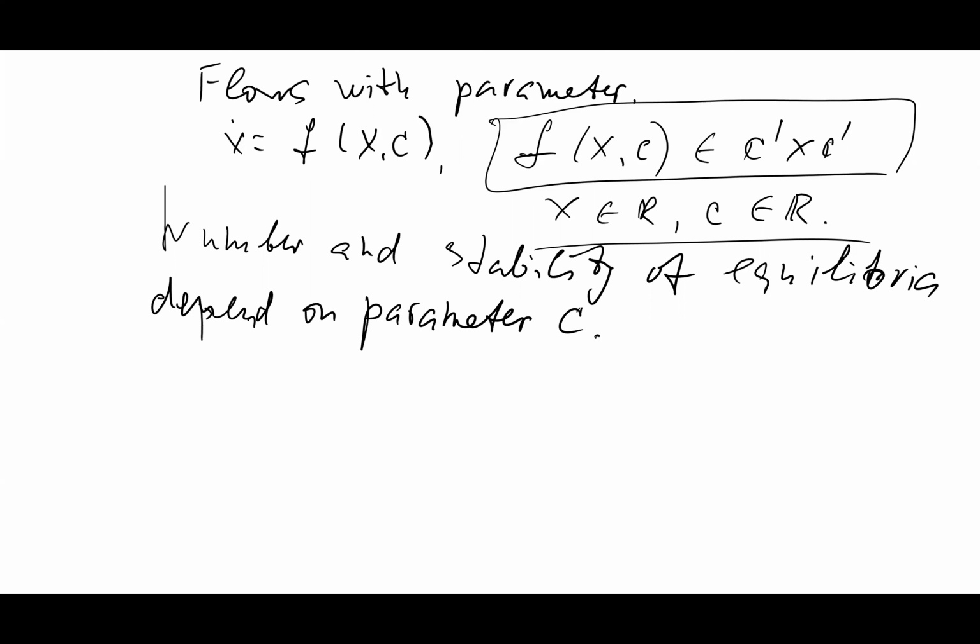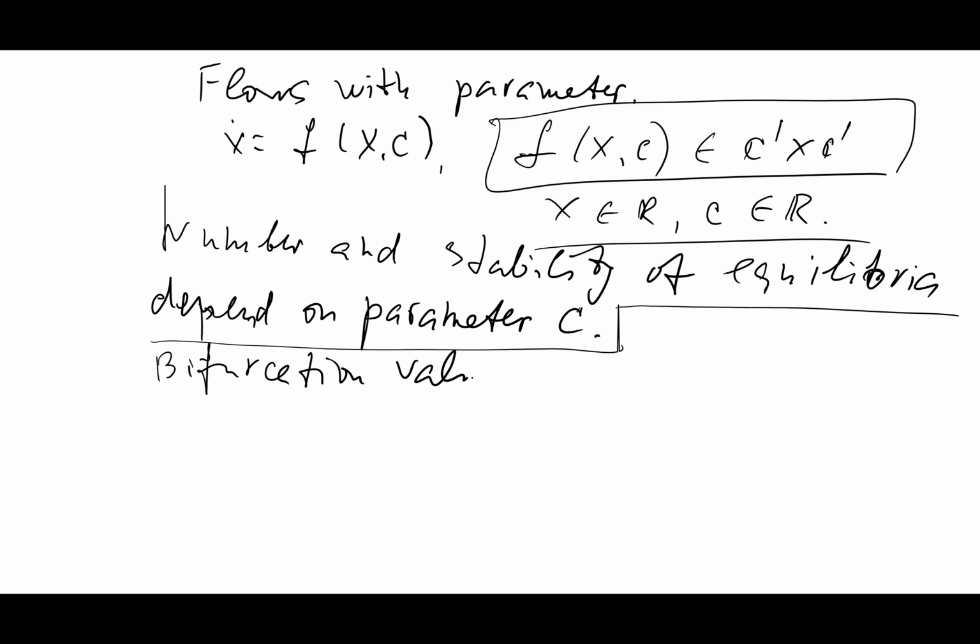And therefore, from here we decided that there are important values of parameter c at which the number or stability pattern of equilibria changes. And these are called bifurcation values of parameter c.